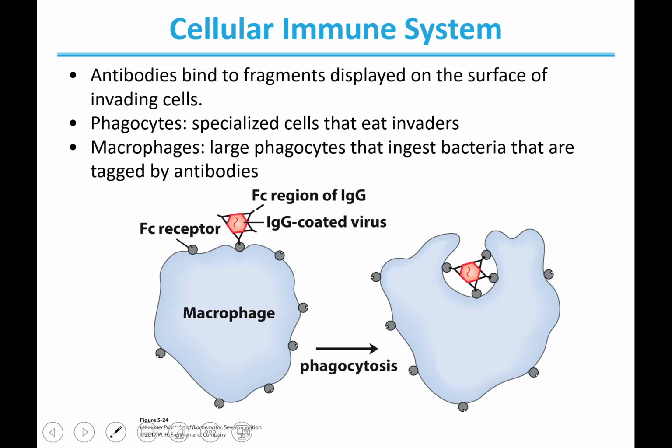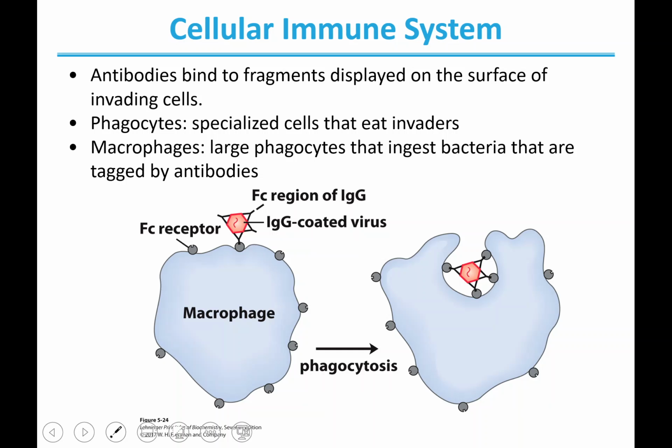Okay, so in a cellular immune response, antibodies bind to fragments that are displayed on the surface of invading cells, like a bacteria cell, or on the surface of a virus. Okay, so antibodies will bind to that, and then special cells known as phagocytes recognize the invaders based on the antibodies that are attached to them, and they bind to them via the Fc receptor on the surface, okay?